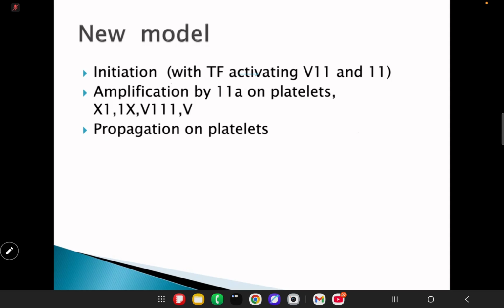There are three important things in that model: initiation, amplification, and propagation. Propagation means that once the clot is formed at a particular place, it is extended through the vessel.